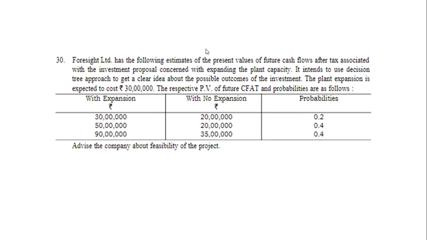Now quickly pick up your calculator and multiply with the probability. First we are doing it for expansion. 30 lakhs, the cash flow after tax, into 0.2. Tell me in the chat box.